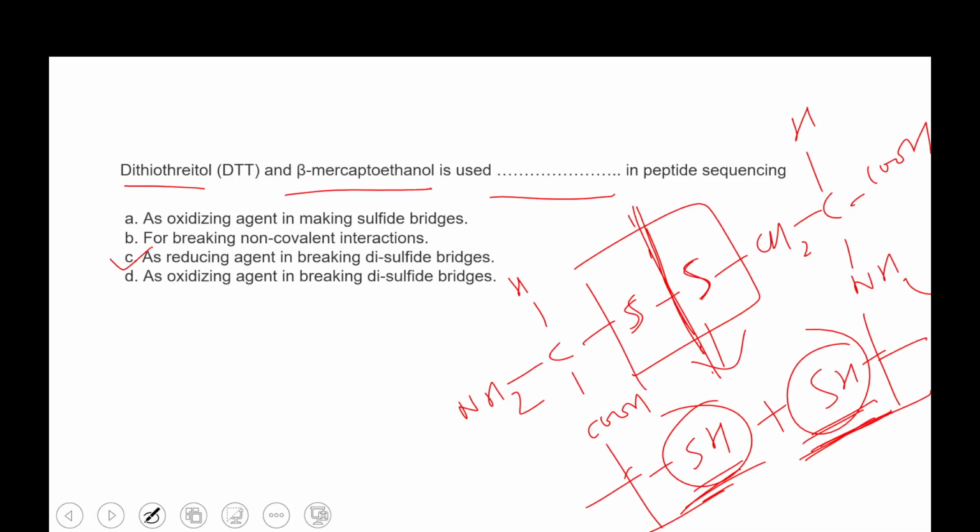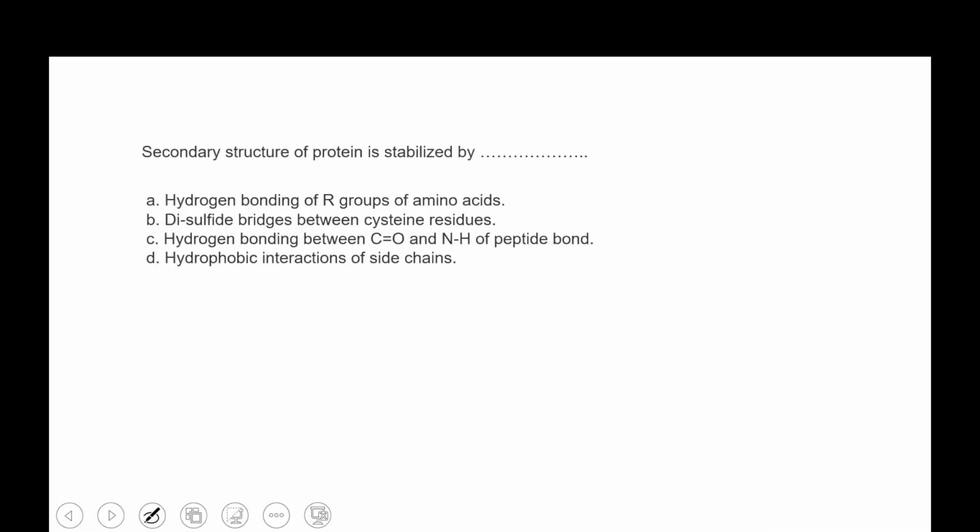So next we have: secondary structure of protein is stabilized by. We have four options. Hydrogen bonding of R groups of amino acid, disulfide bridges between cysteine residues, hydrogen bonding between CO and NH of peptide, hydrophobic interaction of side chain.